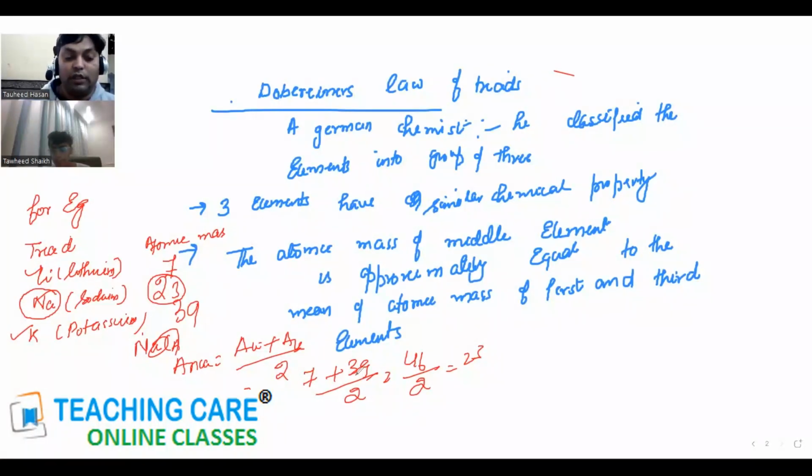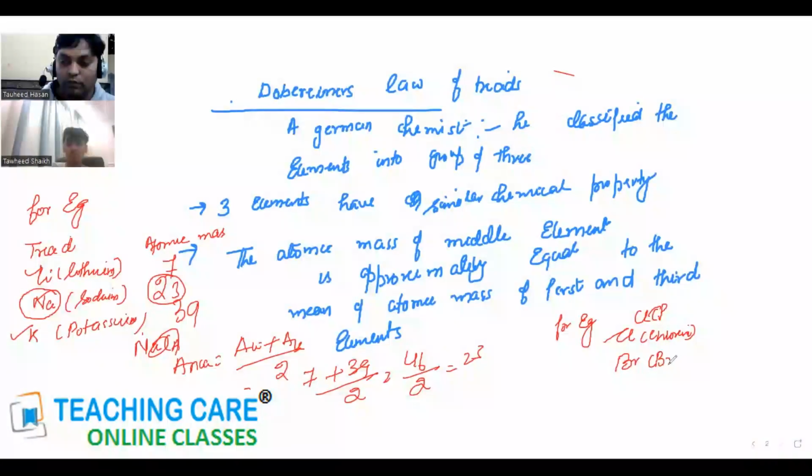Now classify another three elements. The second triad, for example, is chlorine, bromine, and iodine. The atomic mass of chlorine is 35.5 and the atomic mass of iodine is 127.